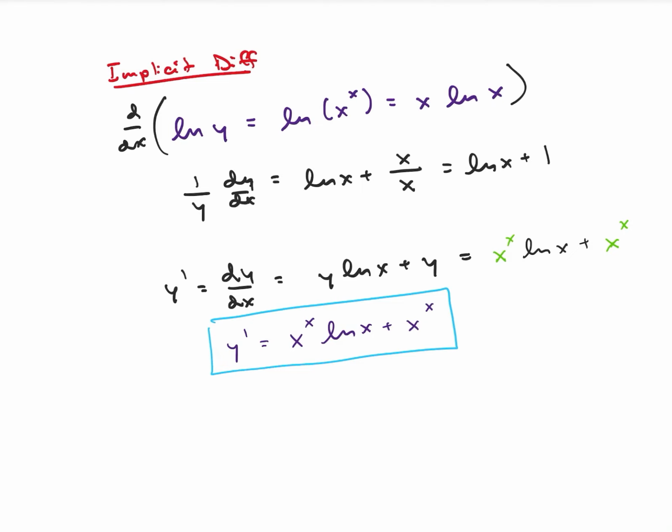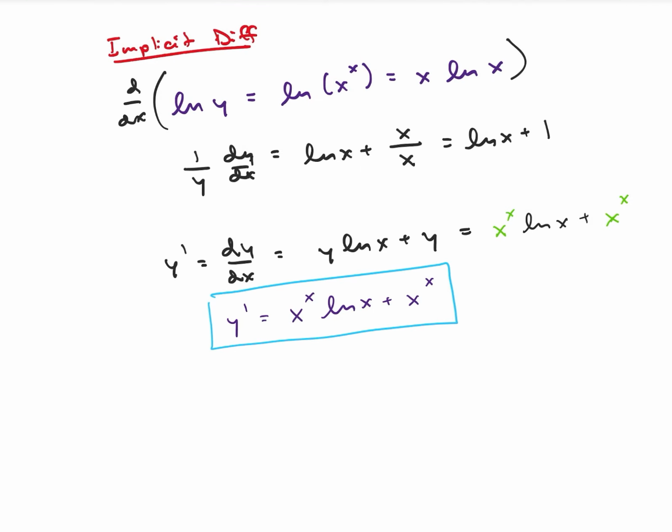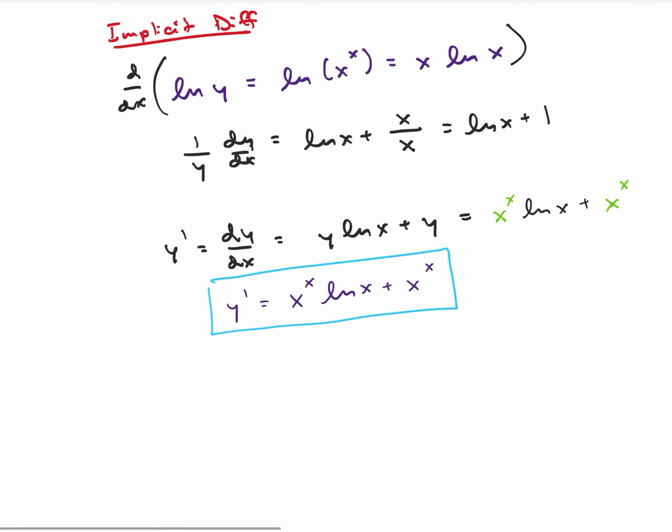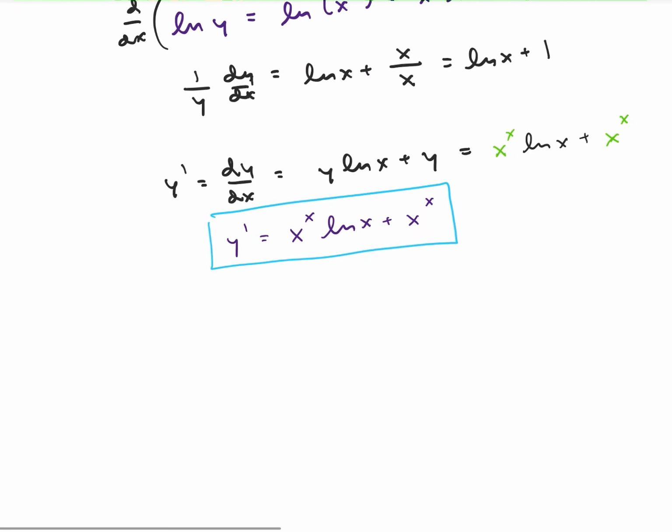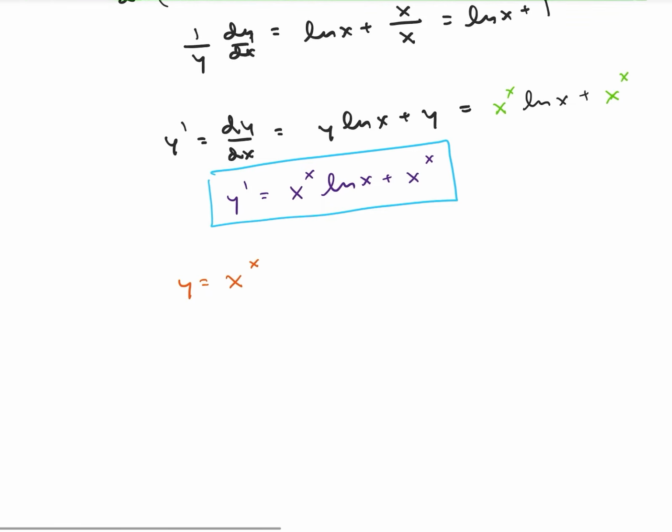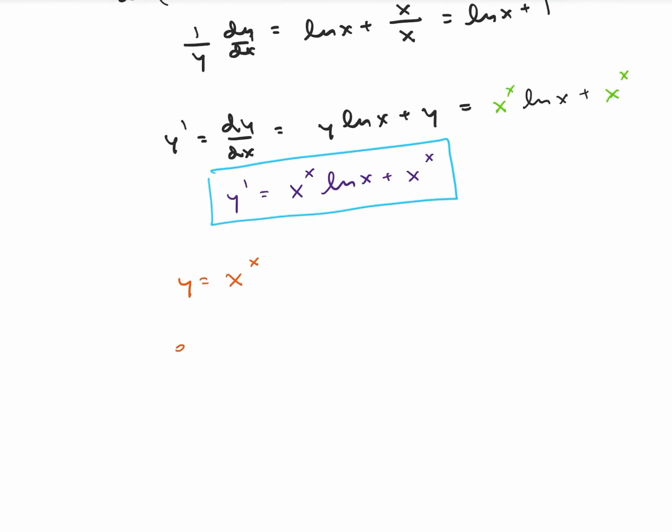Okay. The second way that we're going to solve this is we're going to use a tricky little technique. So if I have y is equal to x to the x, we're going to do something kind of similar. So before I took the natural log of both sides, but now let's take the exponential.